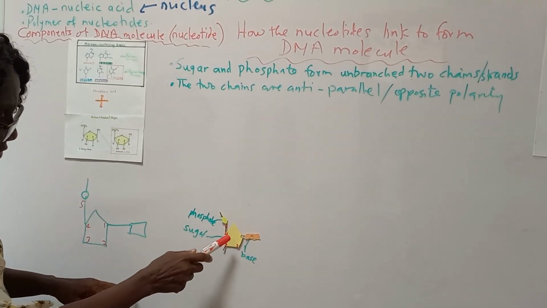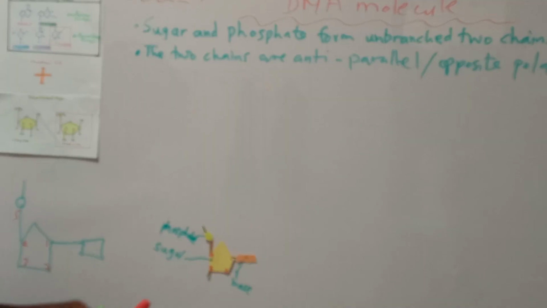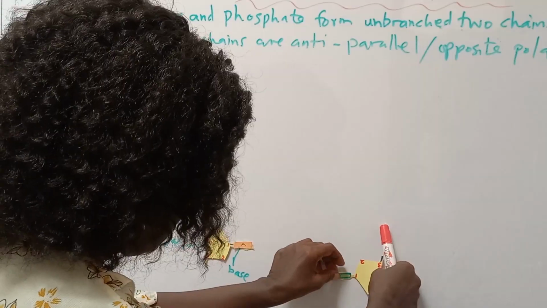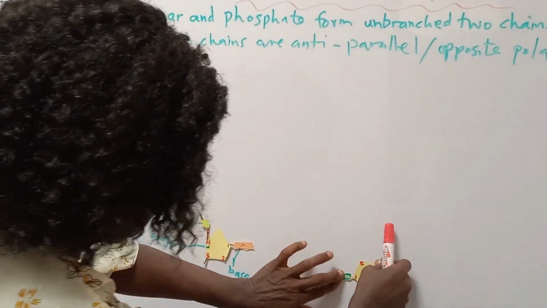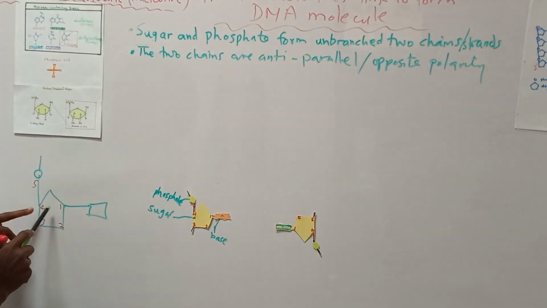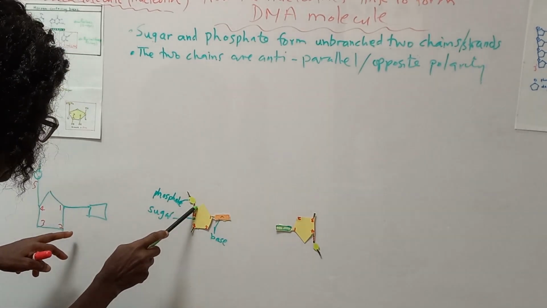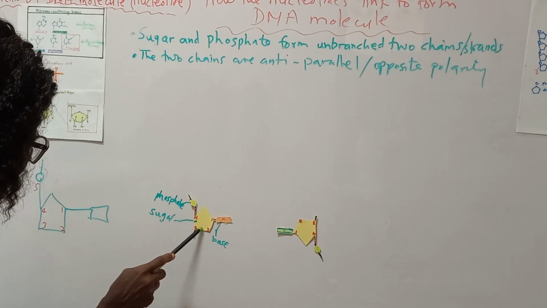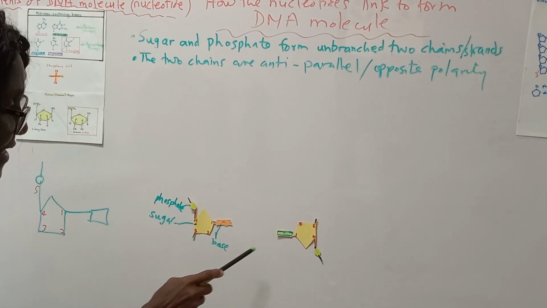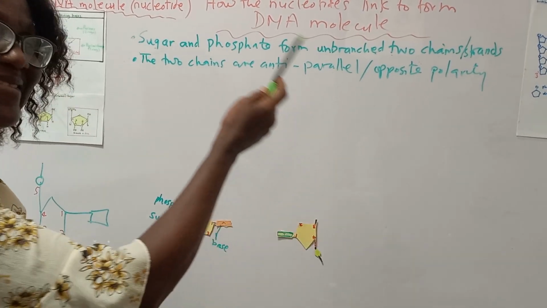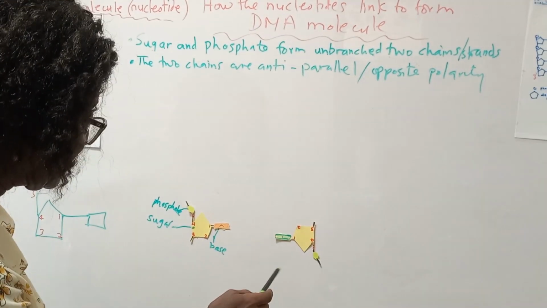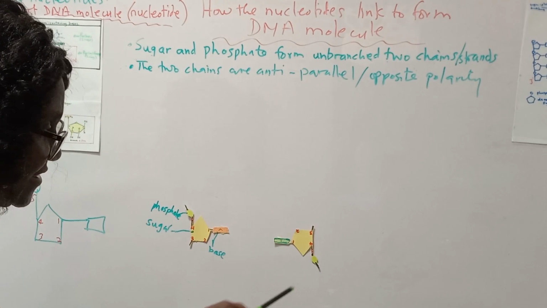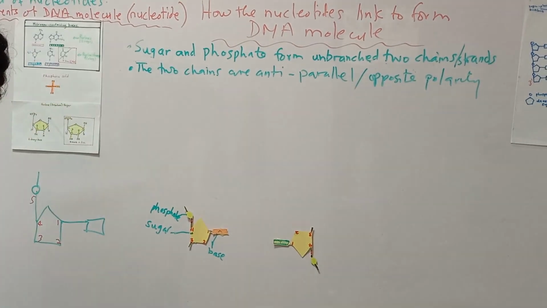You have this nucleotide, the other nucleotide in the other chain is turned upside down like this. Phosphate always attaches on carbon 5, the base always attaches on carbon 1. So you have this one here. The other chain is just a turnaround where the phosphate goes down, still attached to carbon 5.